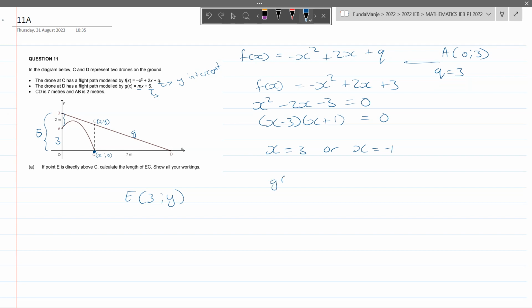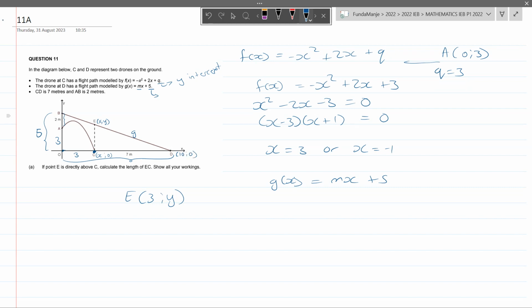So currently we have g of x is equal to mx plus 5. To get our gradient, we need 2 points here. What other information we have is that the distance between C and D is 7. And now we know the distance between O and C is 3. Therefore, from O to D, that would be 10, meaning that the x value there is 10.